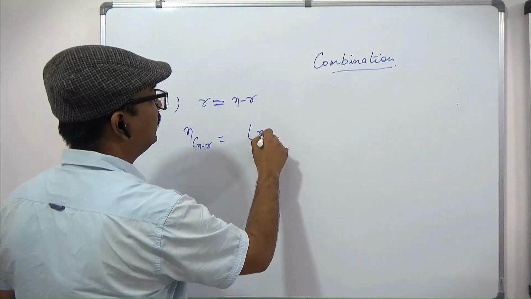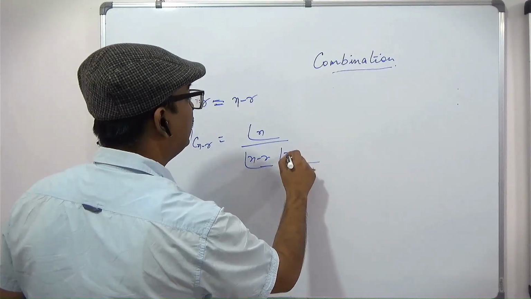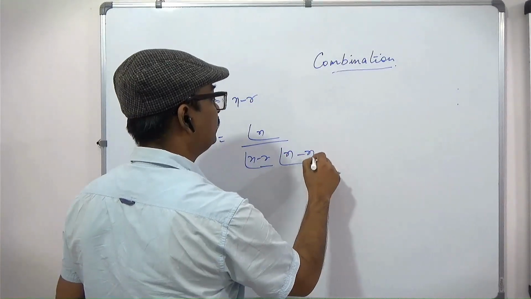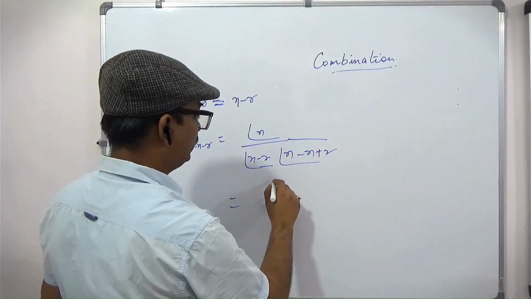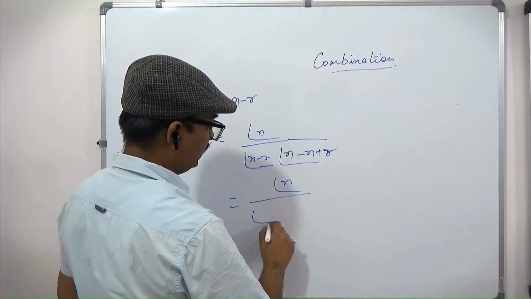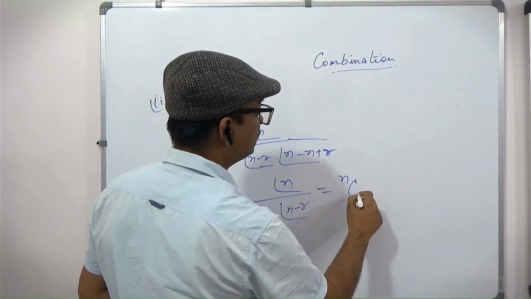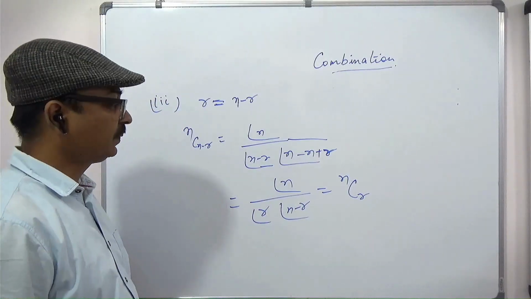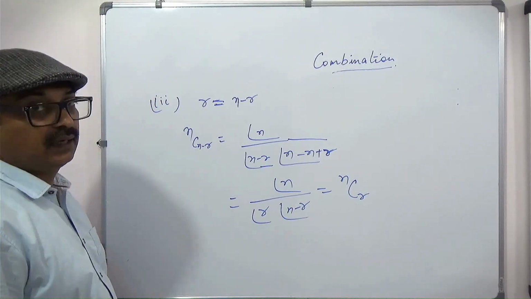This will be factorial n over factorial r, factorial n minus r, over n minus (n minus r), that is r. What we will get? This is factorial n, this is factorial r, and this is factorial n minus r. So again we get nCr. So nC(n minus r) is equal to nCr.